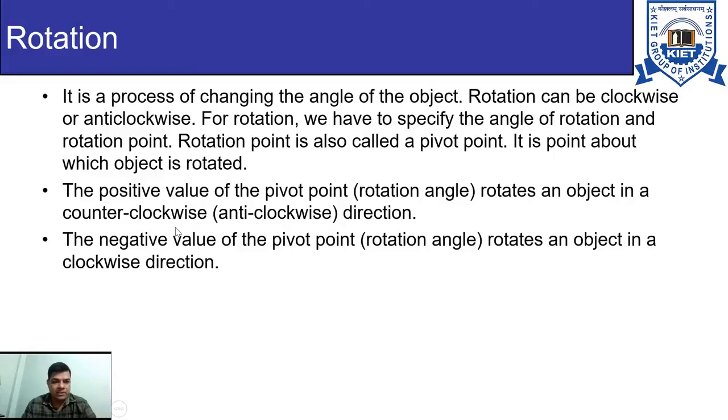If you are rotating in the anti-clockwise direction, we take the rotation angle as positive, while if you are rotating the object in the clockwise direction, we take the rotation angle as negative.